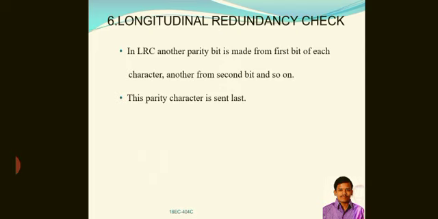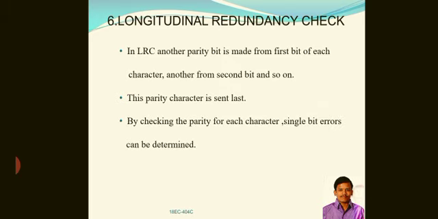Those extra bits from each block become 8 bits, so that becomes one extra block or one extra character. It will be sent along with the original data. Therefore 64 bits plus 8 extra bits. These 8 bits depend upon the parity of each block. That method is called longitudinal redundancy check.